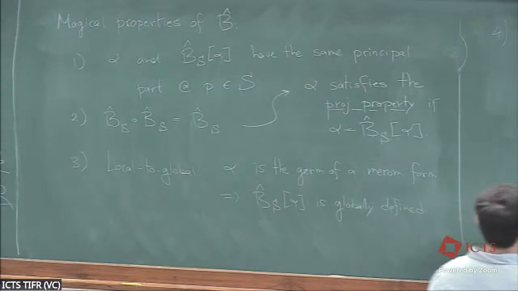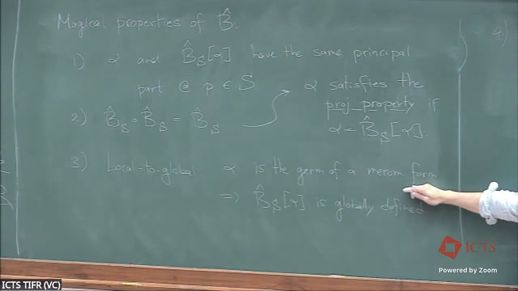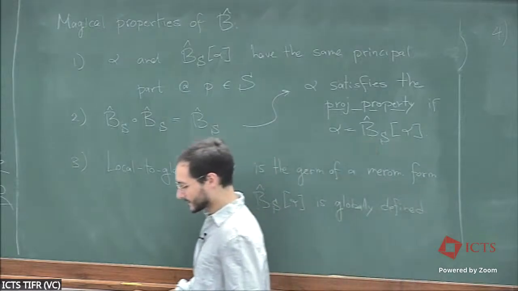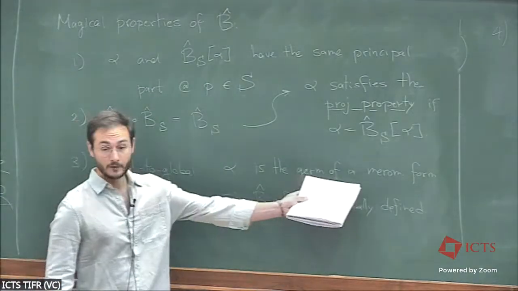Maybe one thing that I should say is that in this compact case, there's actually something even more beautiful that you can say. On this space of germs of meromorphic forms that have 0 residue, you can define a symplectic pairing. This symplectic pairing has a very natural Lagrangian subspace, which is the space of holomorphic forms.